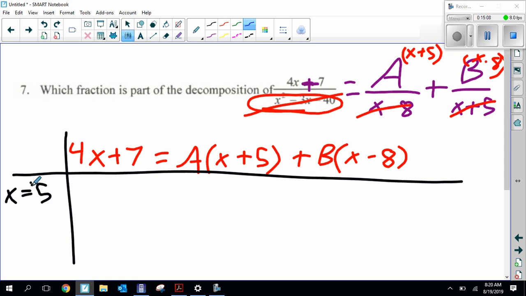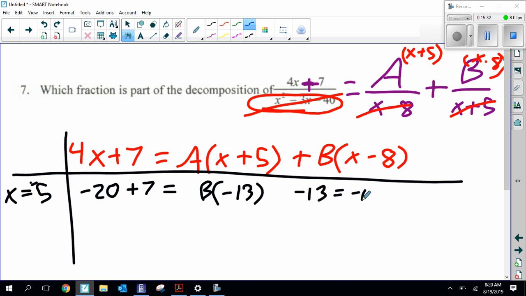So if x is negative 5, you get negative 20 plus 7 equals a times 0, and then b times negative 13. So negative 13b equals negative 13. So b is 1.